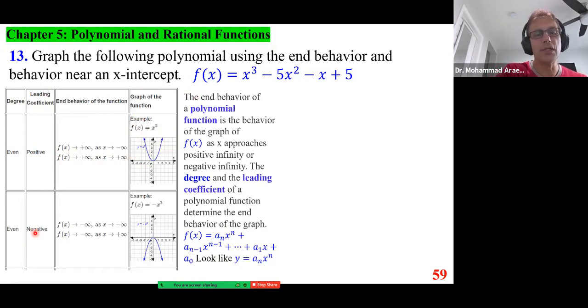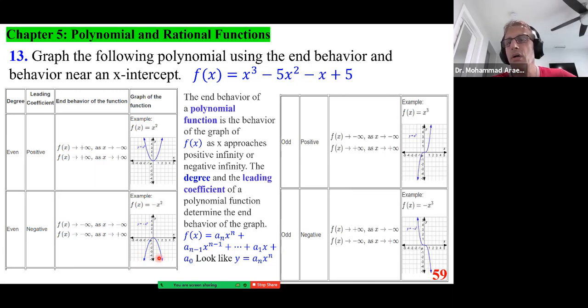If the leading coefficient is negative, it looks like negative x squared. You don't have to memorize that. Just remember negative x squared and it becomes fairly simple, meaning whether x goes to infinity or negative infinity, f of x goes to negative infinity.